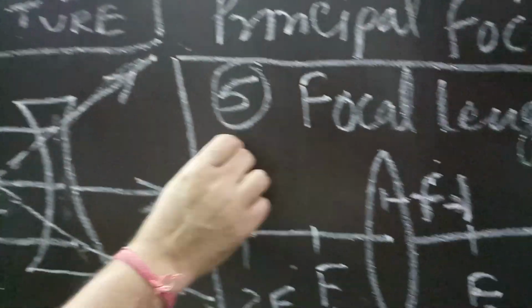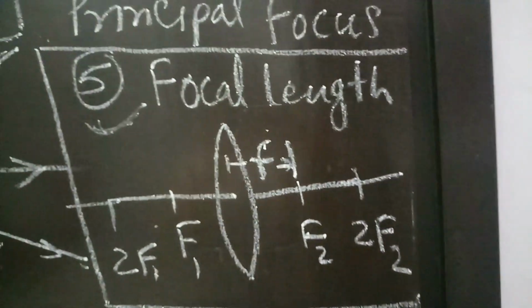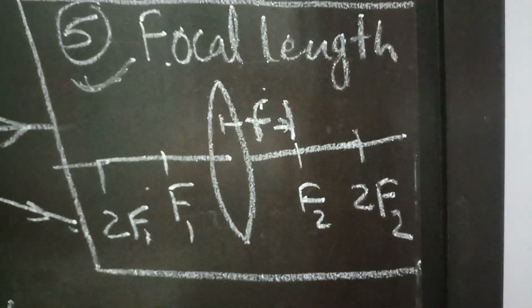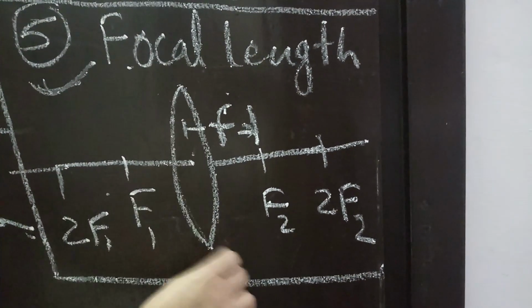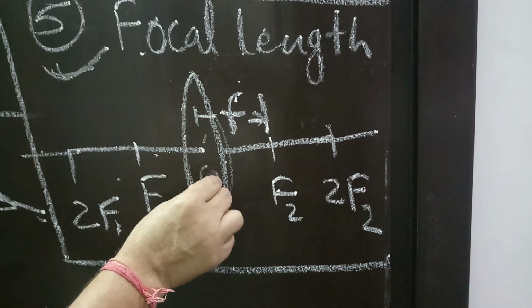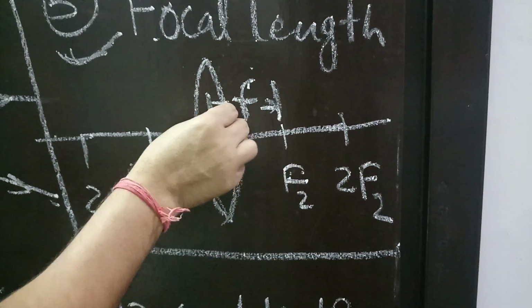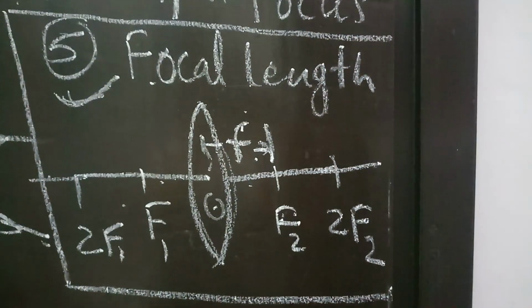And the last term related to the lens is focal length. This is very easy. For a lens, the distance between the optical center and the focus is called the focal length.